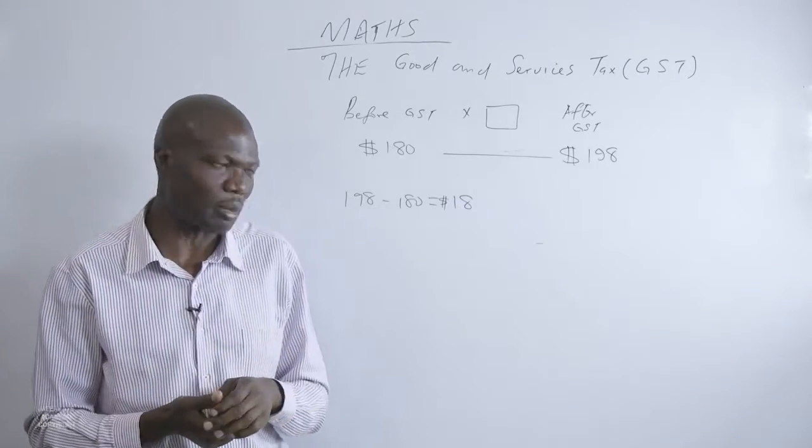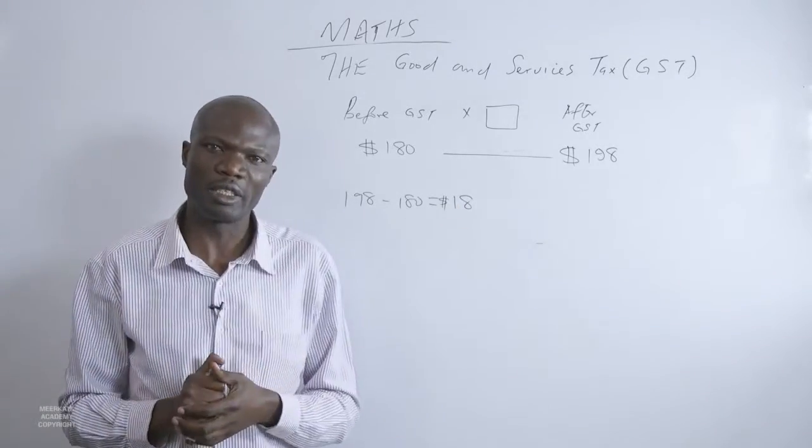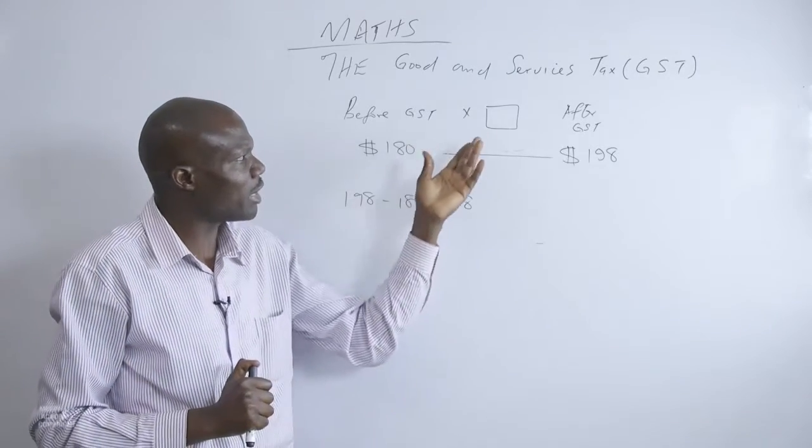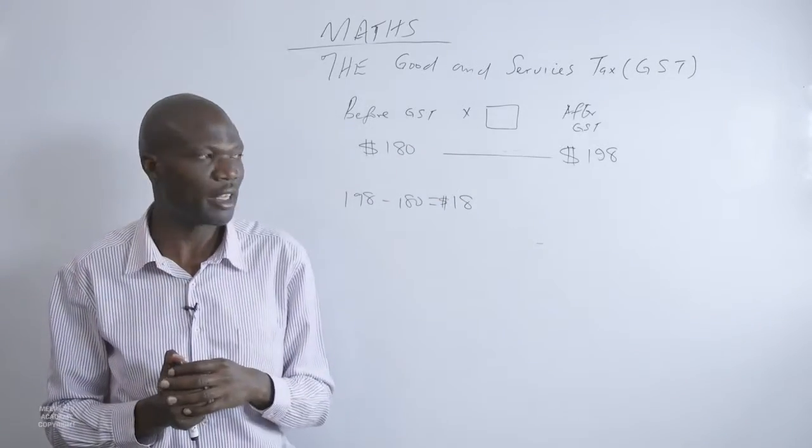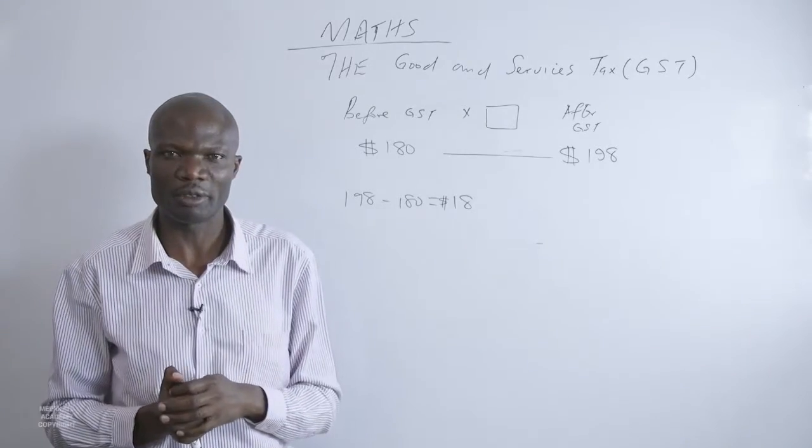So the question that comes is, what is this 18? Or what percentage has it been multiplied by so that we arrive at that?